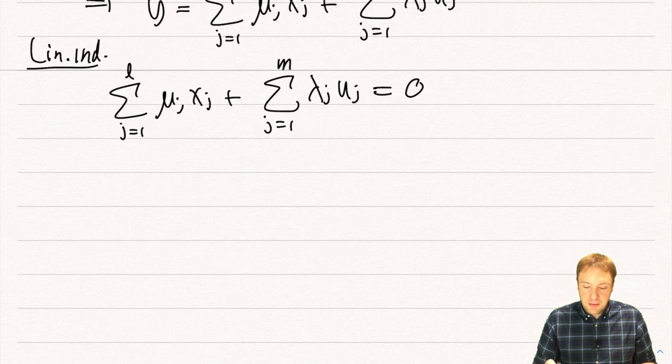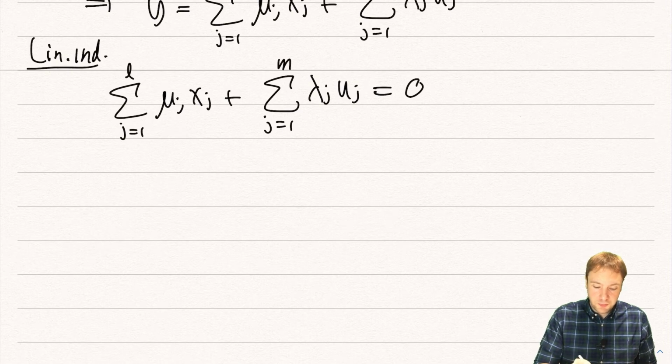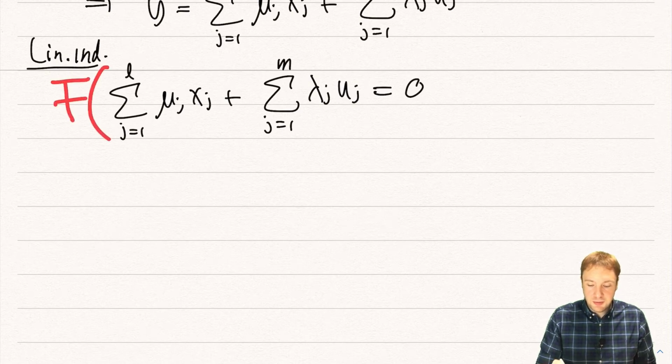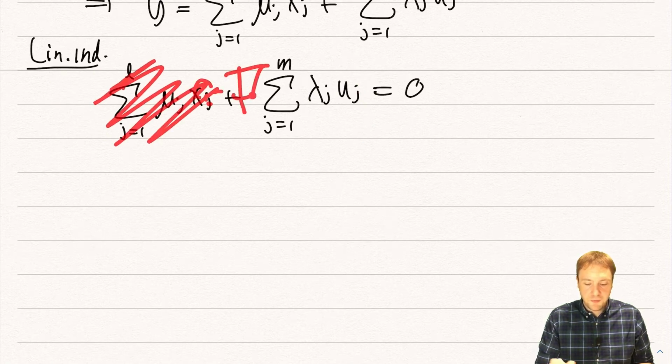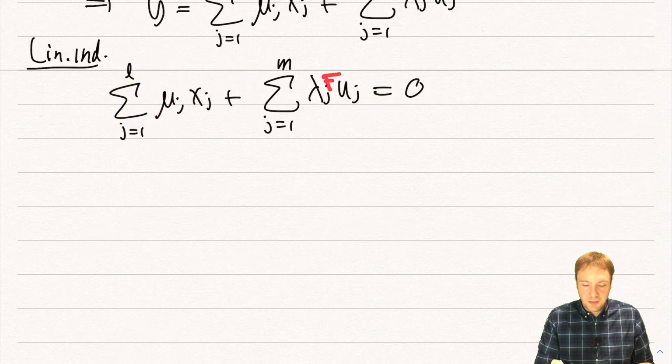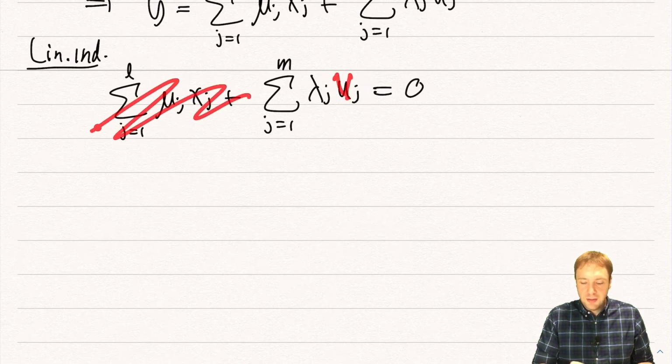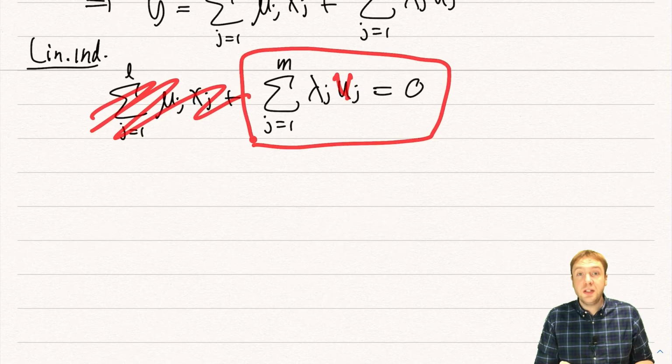So if I apply f to this thing here, then we see that these x are in the kernel, so this vanishes, and I just have f of this, and because f is linear, I can write it down here. It's f of these, but this just means that I get vj's here, and then I have a linear combination of vj's which is 0, but the vj's are linearly independent, and therefore the lambdas are 0.